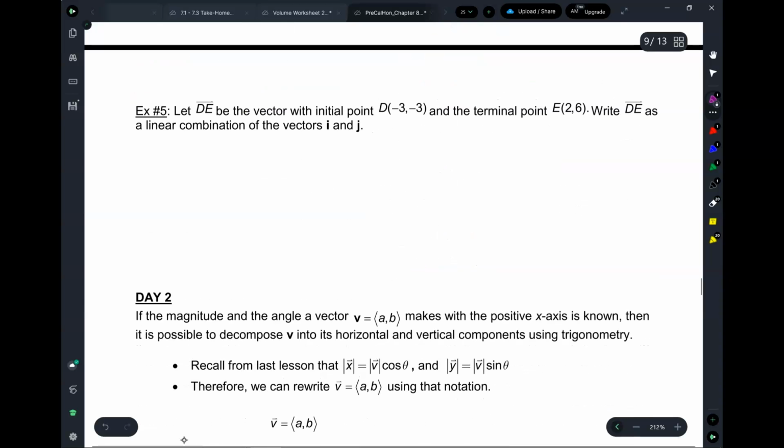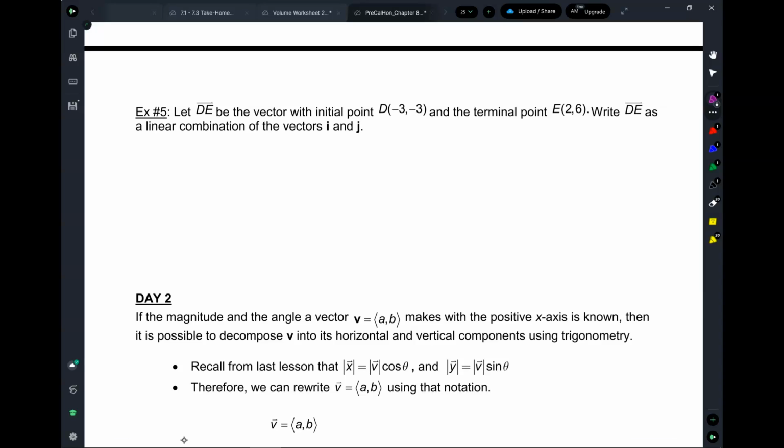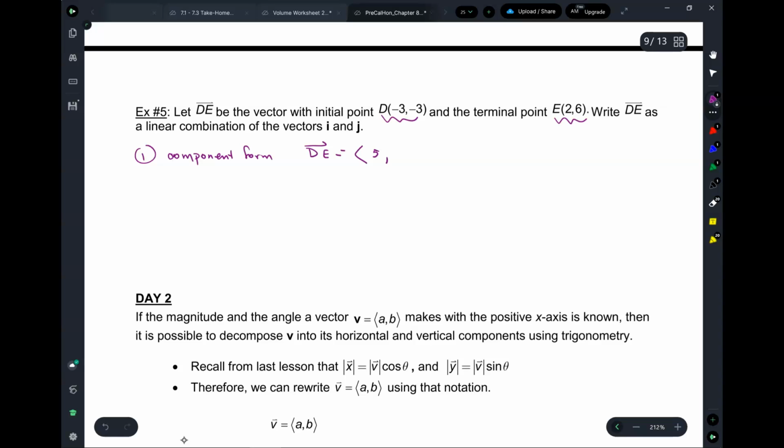Now, suppose you have DE as a vector with initial point D, terminal point E. You want to write it as a linear combination of vectors I and J. I suggest first come up with the component form. So DE is 2 plus 3, 5, 6 plus 3, 9, correct?